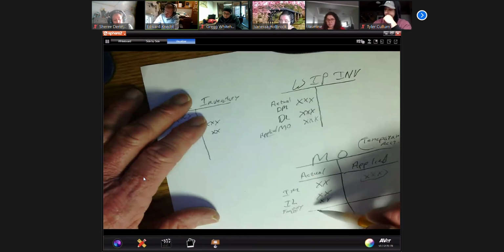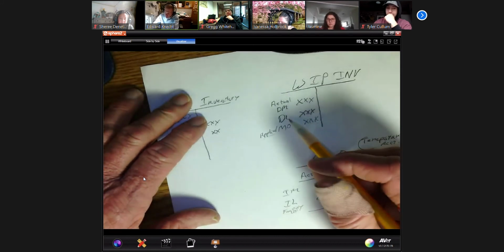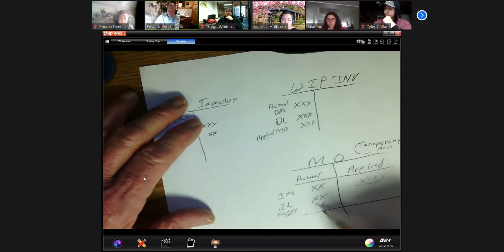The utility cost to operate the executive building, that's going to be expensed off. We're going to debit utilities expense. But if it has to do with the factory and it's not direct materials or direct labor, then it's manufacturing overhead. And you're going to debit the account manufacturing overhead.